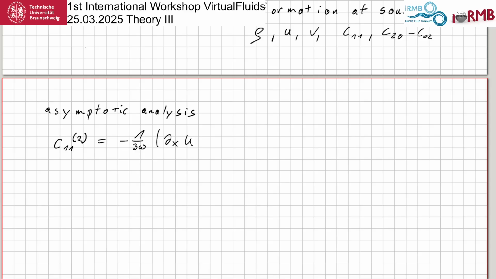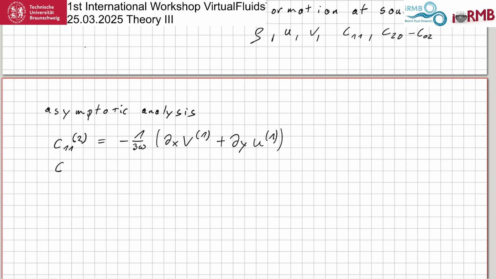Wait, I actually made a mistake. Okay. So this is the first derivative in x of the y velocity plus the first derivative of u, the x velocity, in y direction.